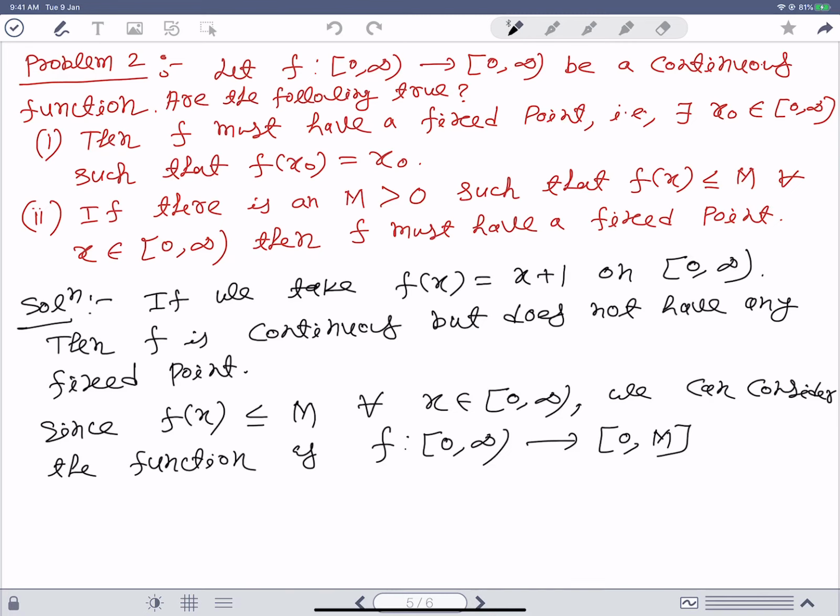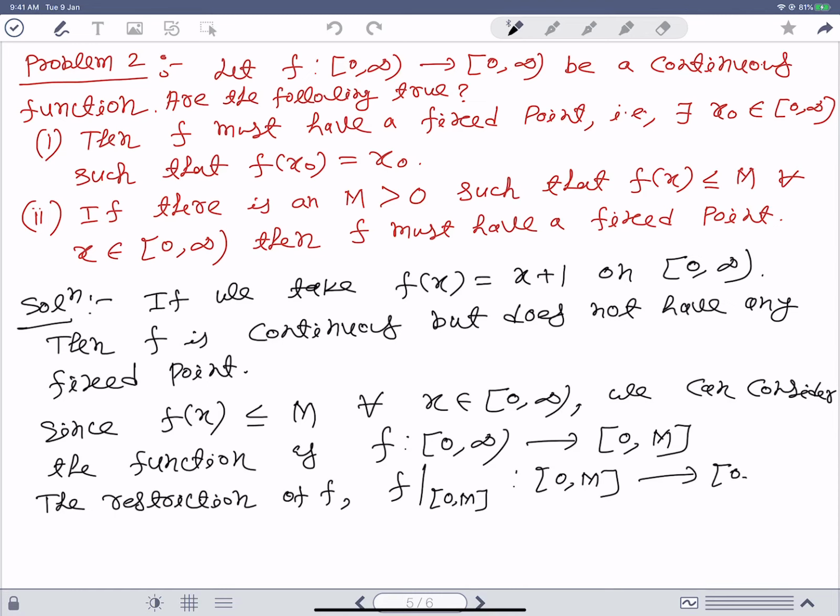Now since this f is continuous, the restriction of f over [0,m], from [0,m] to [0,m], is also continuous.